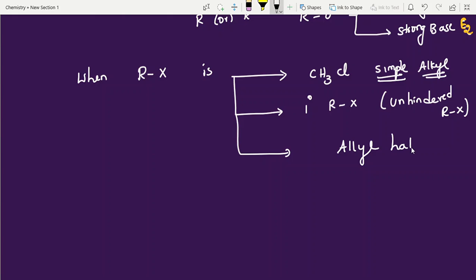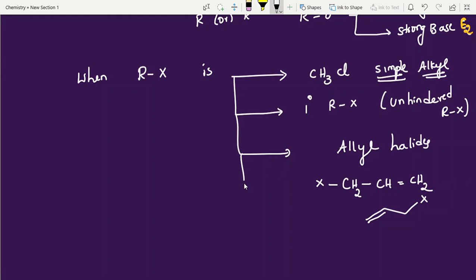Allyl halide is nothing but like this: CH2X, CH double bond CH2. Allyl halide. Sometimes they will give the bond line representation like this. Both are the same. See, this is CH2, CH2X. Both are the same.